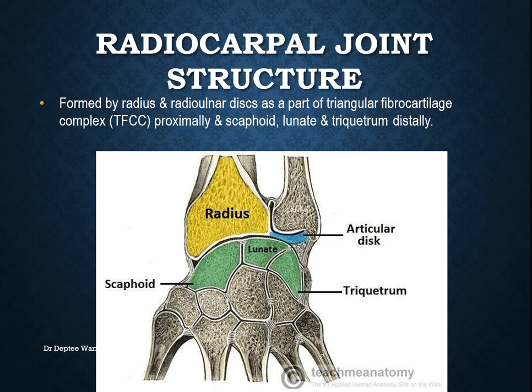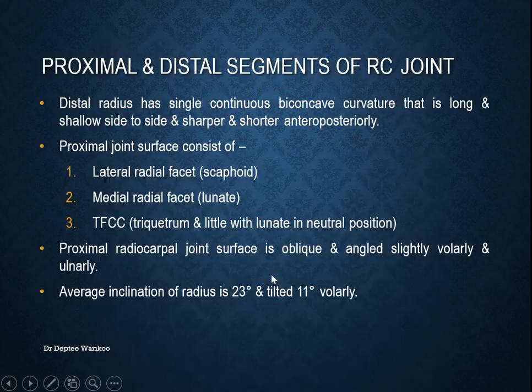The yellow part is the radius, the blue one is the articular disc, and the green parts are scaphoid, lunate, and triquetrum.